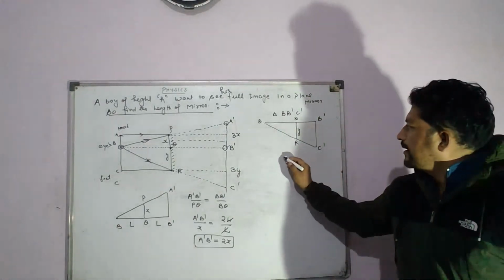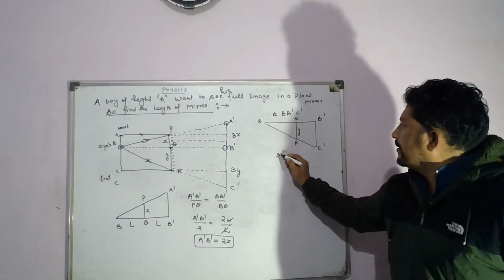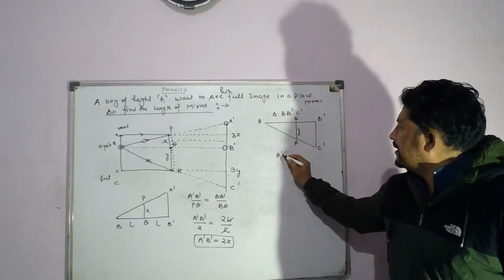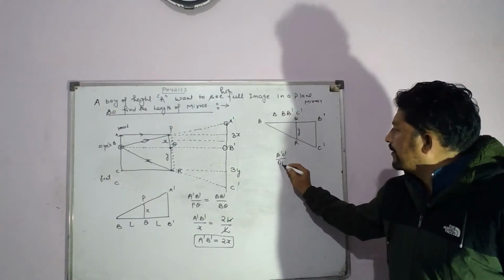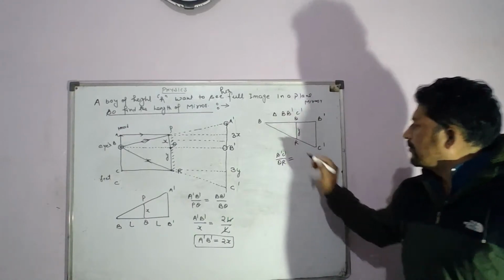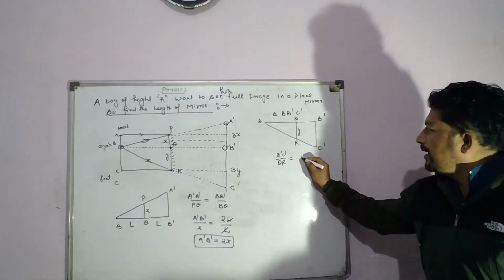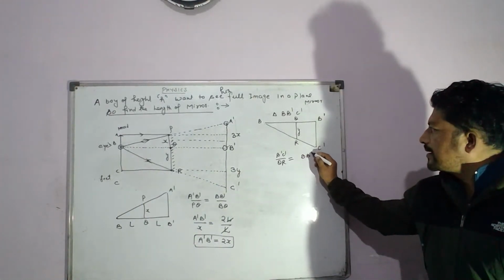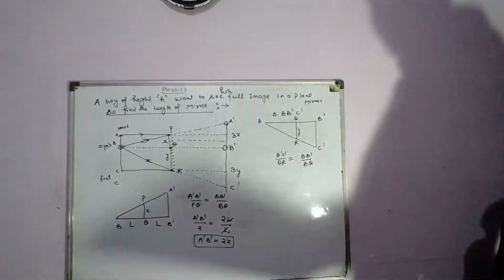So again, B dash C dash upon QR is equal to, again you can see clearly, BB dash base upon BQ, same.